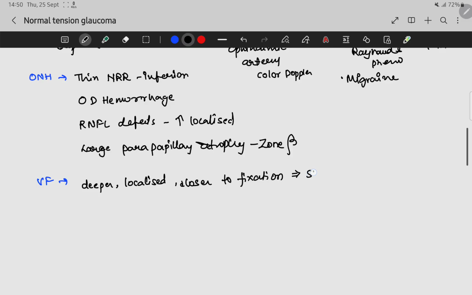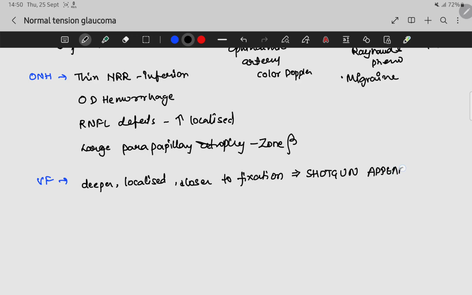This is called the shotgun appearance. So instead of widely spaced defects, we can see very closely spaced defects in the visual field analysis chart, which gives the shotgun appearance.